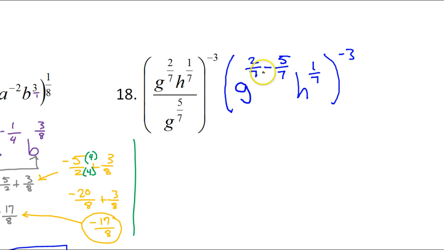So of course 2 over 7 minus 5 over 7. 2 minus 5 is negative 3. So that is going to give me g to the negative 3 over 7 power. And then I still have my h to the 1 over 7 power, all to the negative 3 power.